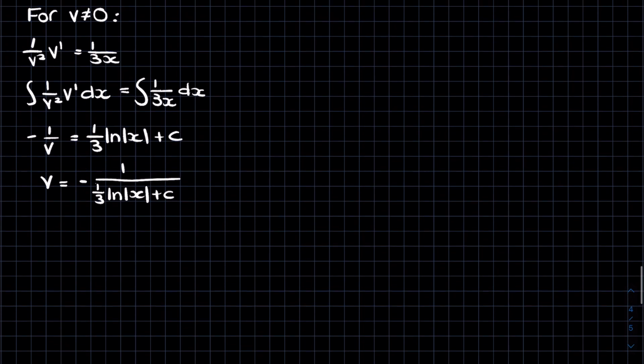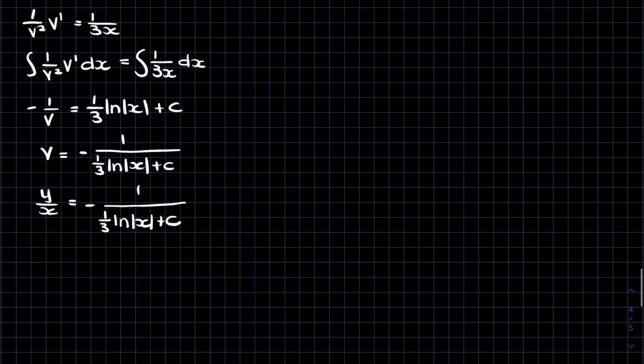And then if we recall that v equals y over x, subbing back in y over x, we get y over x equals minus 1 over 1/3 natural logarithm of x plus c. And then solving for y, we just get y equals minus x over 1/3 natural logarithm of x plus some constant c. So that's one of our solutions.